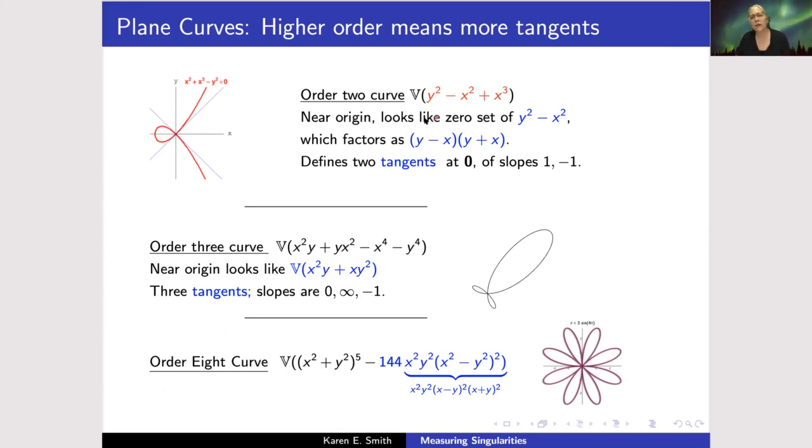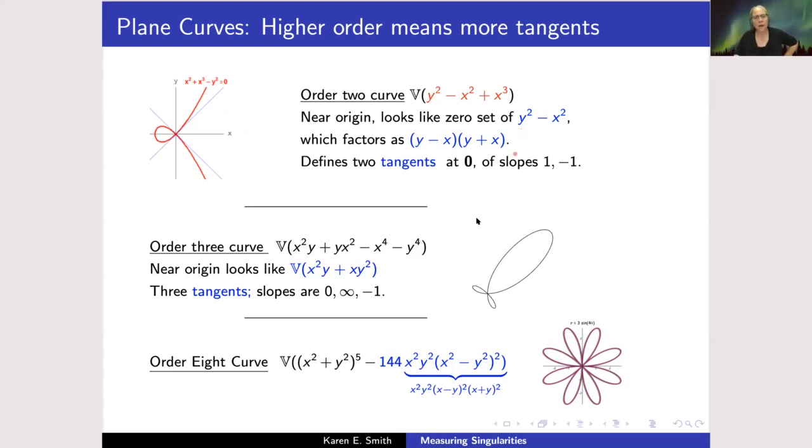And so near the origin, this alpha curve will look like the 0 set of its lowest degree part. And that's this blue curve here, which is the union of 2 axes. That's the 0 set of y squared minus x squared.